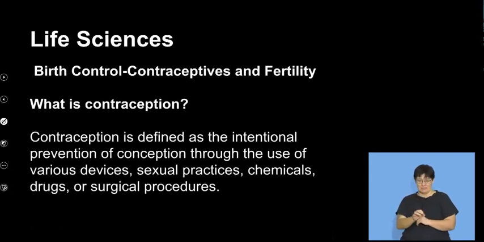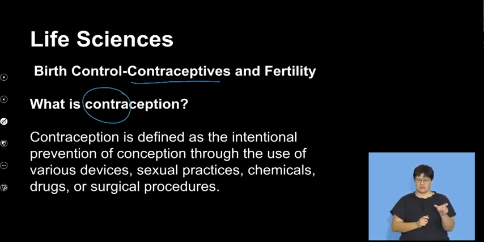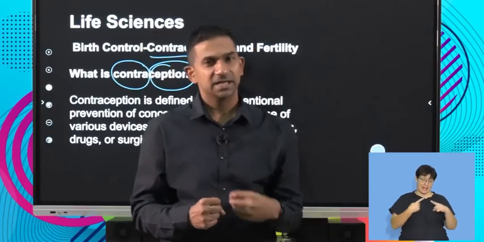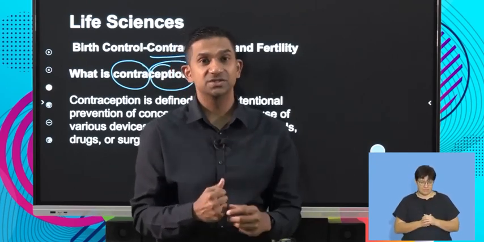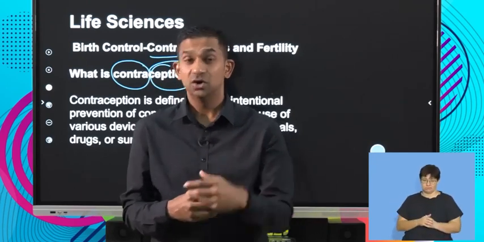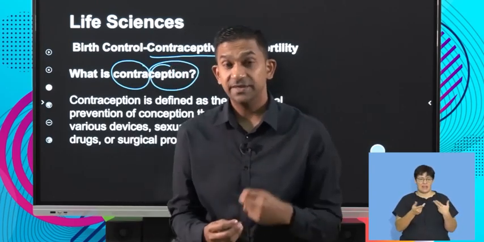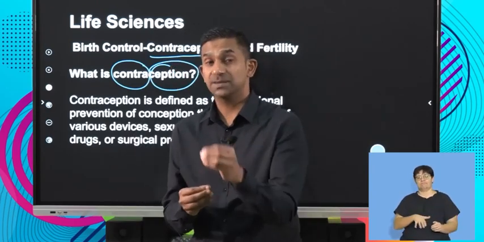So it's important that we try and understand what contraception is. If we break up the word contraception, it's made up of two words, contra and ception. So contra means against and ception refers to conception. So contraception refers to the process of using or taking any method that prevents the process of conception.